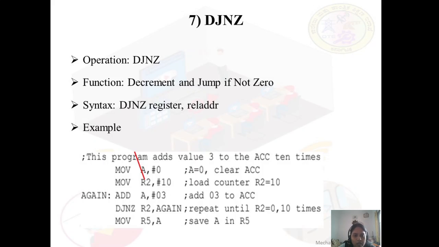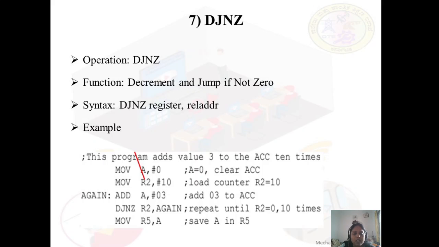See, move A, hash 0. That means initially you are clearing your accumulator, your A will have 0. Now you are loading register R2 with 10. Then add A, hash 03. That means your accumulator is added with 03.